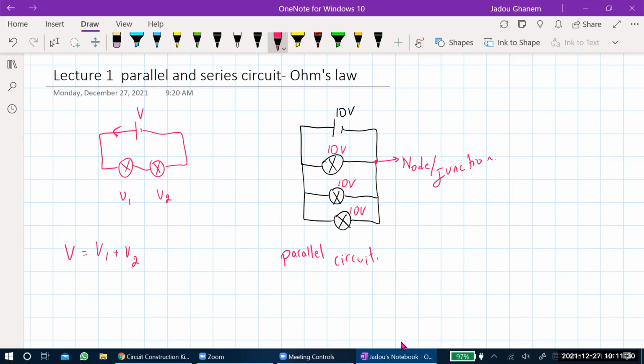While in a parallel circuit, V will be equal to V1 equal to V2 equal to V3. This is the law of addition.